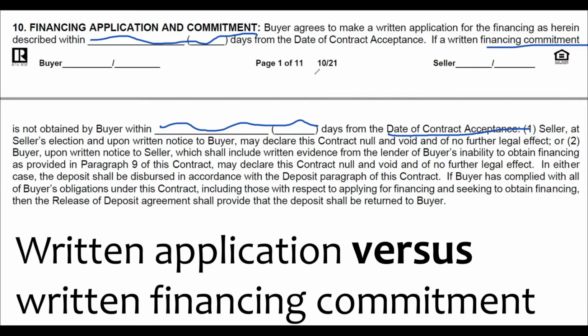So here, I don't know, Kyle, if it is even possible that a buyer puts in an application and gets a financing commitment in the same number of days. I don't know if that's possible, but you can correct me. What if they already completed the loan application?